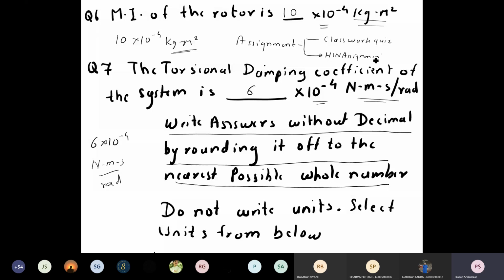I have already posted the scores for the first assignment classwork quiz. The homework assignment I have not given yet, so that I will give. Your assignment 1 will have these two components, so your assignment 1 mark will be the average of these two.